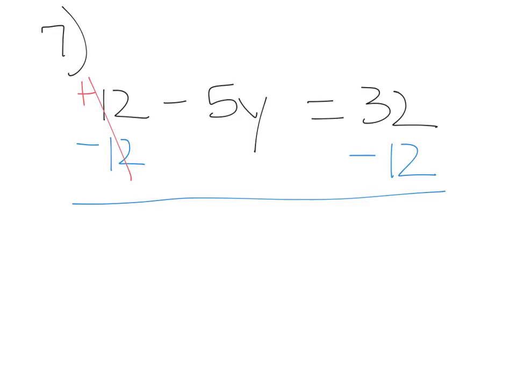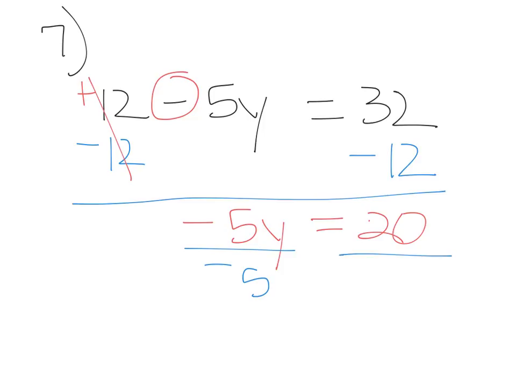Now you got to remember, this is a negative 5y, not a 5y. So I bring down negative 5y equals 32 minus 12 is positive 20. So now I'm going to divide both sides by -5. -5 and -5 cancel out, and you get y is 20 divided by -5 is -4.